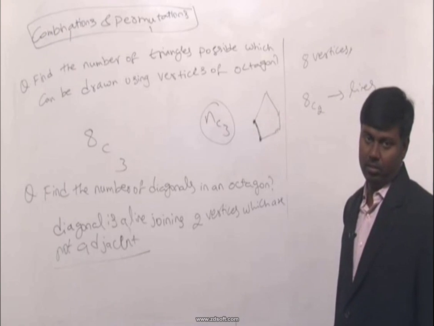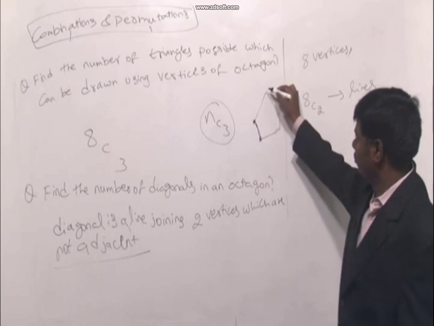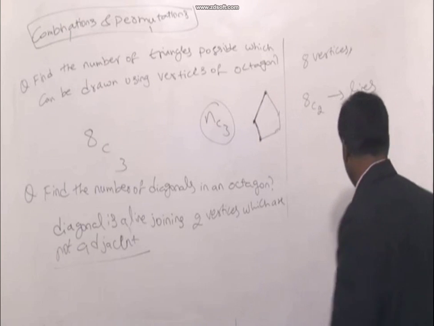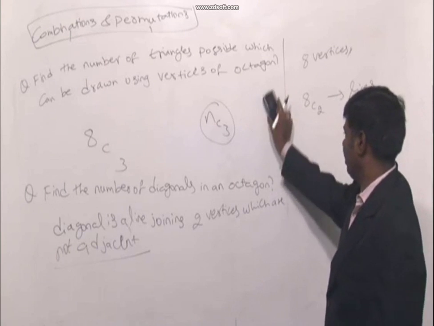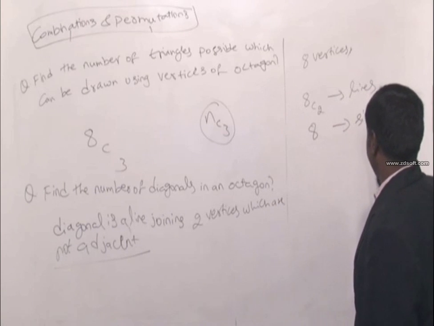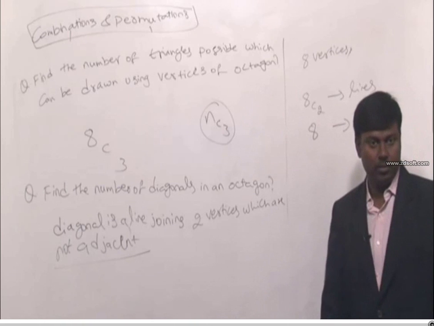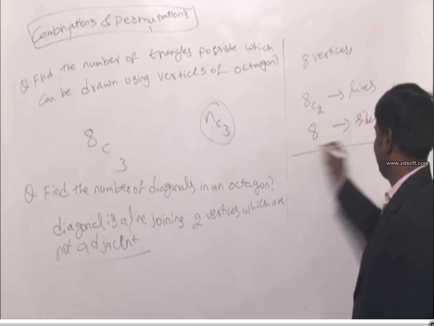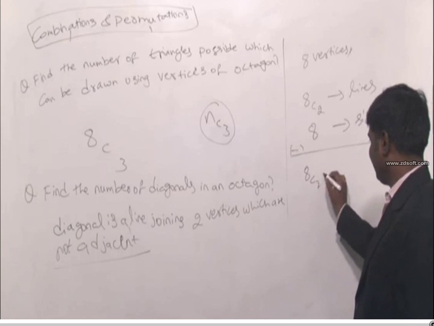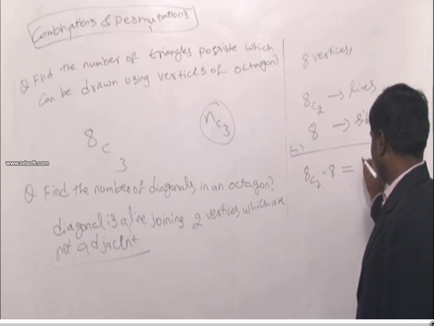It is not a diagonal, right? By the way, this is not octagon, but to understand. So there are 8 sides, right? Which means adjacent is ruled out. So 8C2 minus 8 will give you the number of diagonals.